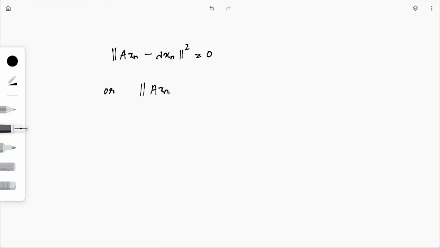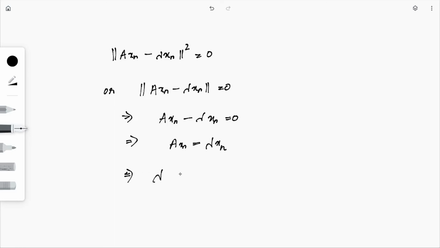Or norm of AXN minus lambda XN is equal to 0, and this implies A of XN minus lambda of XN is equal to 0, and this implies A of XN is equal to lambda of XN. This is true for every XN, whose norm is 1. So this implies lambda is an element of the spectrum sigma of A, right?